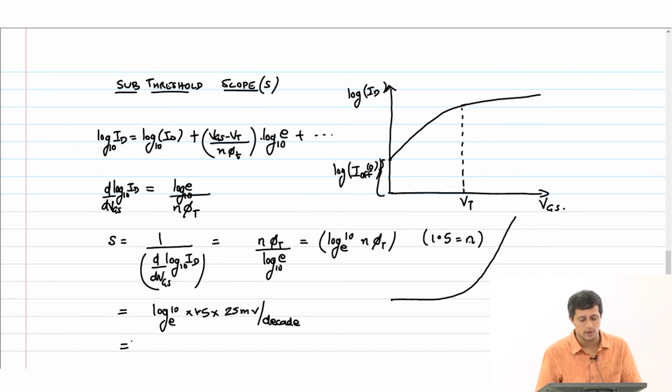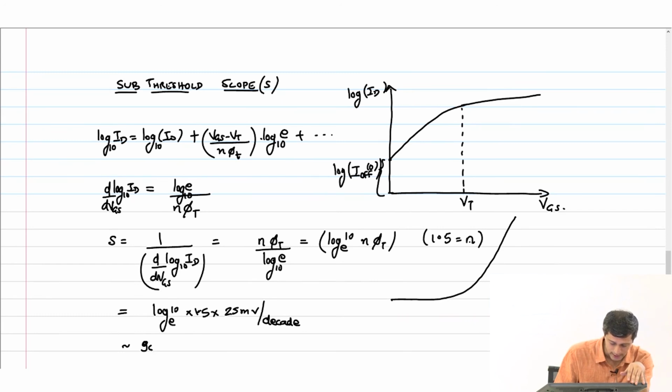So how much does this come out to be? Can you calculate this? Approximately it should come out to be 90 millivolt per decade.